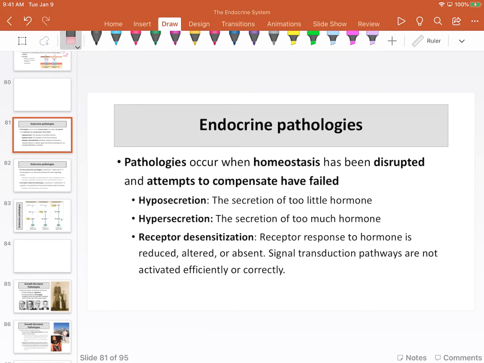But in other situations, it's a little more slow. Nevertheless, anytime you have cells that are rapidly dividing, they are at greater risk of developing mutations that could lead to cancer. And so sometimes our endocrine pathologies are due to tumors that are formed that spontaneously begin secreting hormones outside of the normal homeostatic regulatory processes.